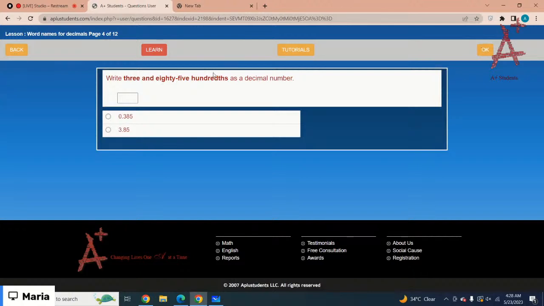It would be 3 and 85 hundredths. That means it would be 3, and 85 is the number that is right after the decimal. So it would be 3.85.